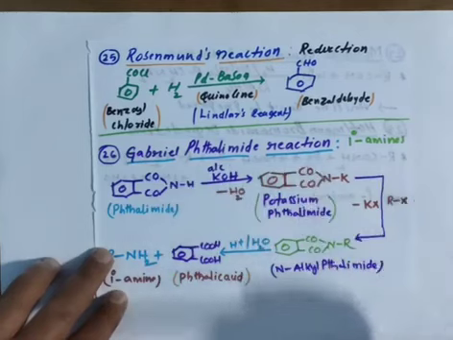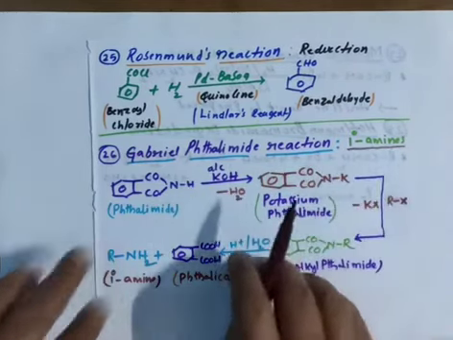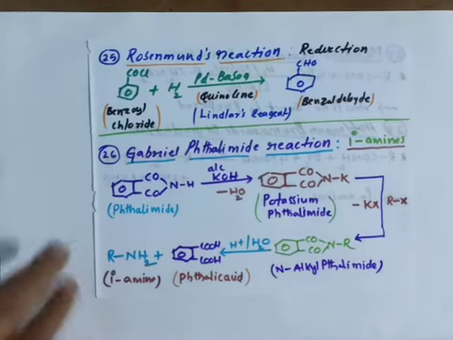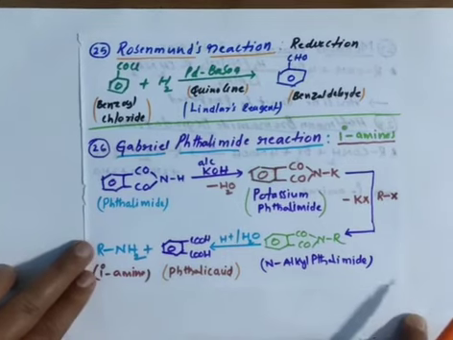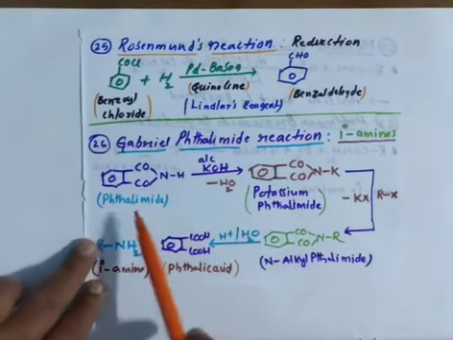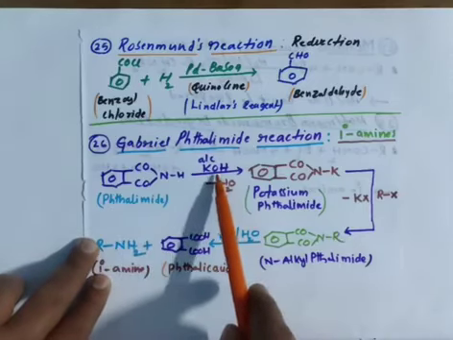Next, the Gabriel phthalimide reaction. By the Gabriel phthalimide reaction, we are preparing primary amines. What are we preparing? Primary amines. So that you have to remember. It has multiple steps. To prepare these amines, first we take phthalimide and treat it with KOH.